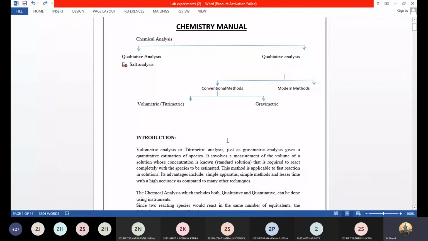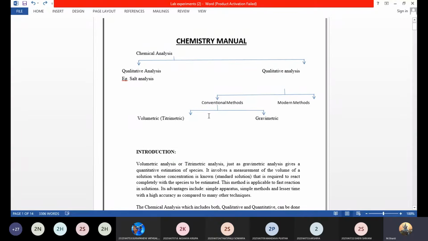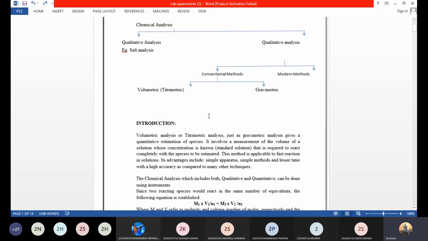We did titration, ma'am. Okay, you have done titration experiments in chemistry in 10 plus 2, second year. What titration have you done? Do you remember anything? Acid base titration. Okay. So strong acid versus strong base.